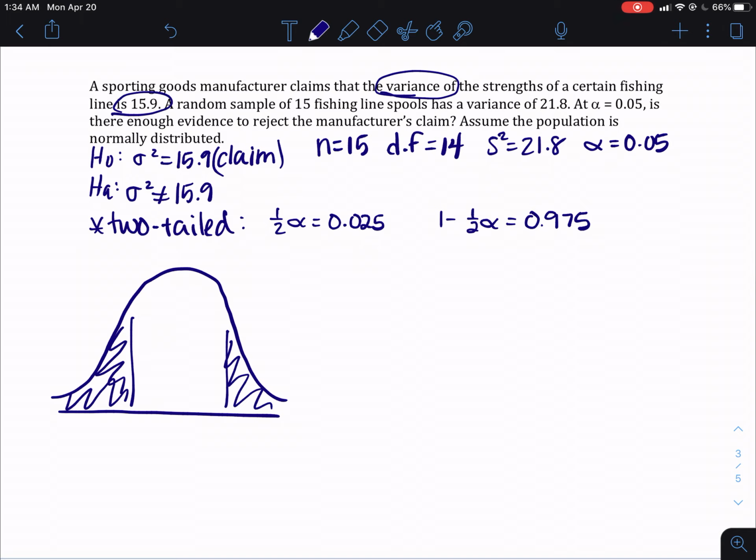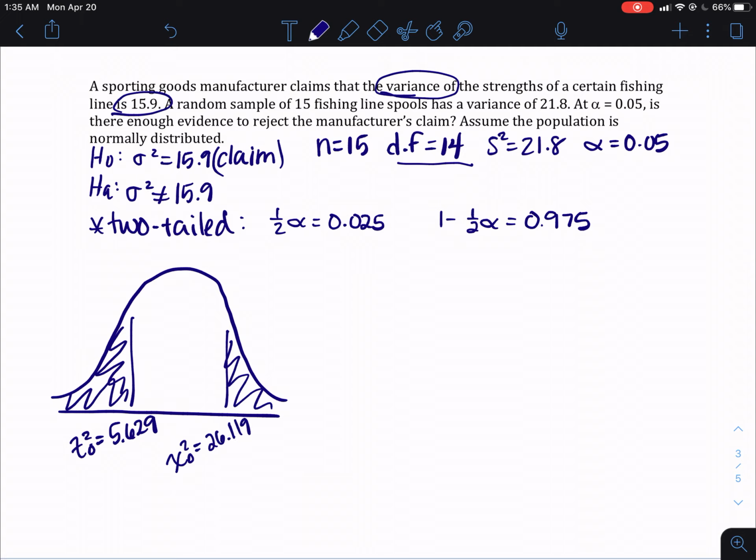Those are going to be our two values that we look at with our degrees of freedom of 14 in our table. So if you do that, you're going to get our critical values of 5.629, and the second critical value is going to be 26.119.